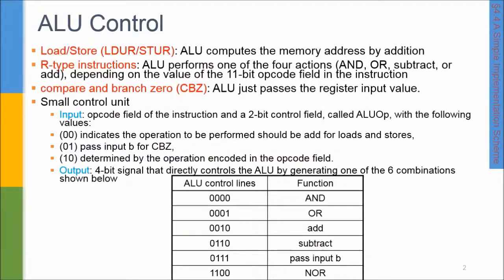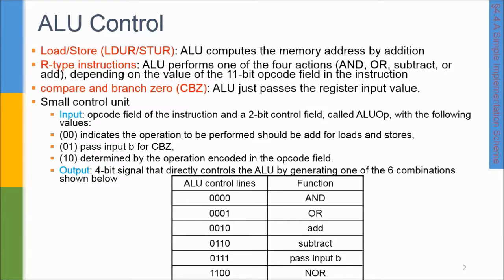The control unit must be able to take inputs and generate a write signal for each state element, the selector control for each multiplexer, and the ALU control. The ALU control is different in a number of ways, and it will be useful to design it first before we design the rest of the control unit.